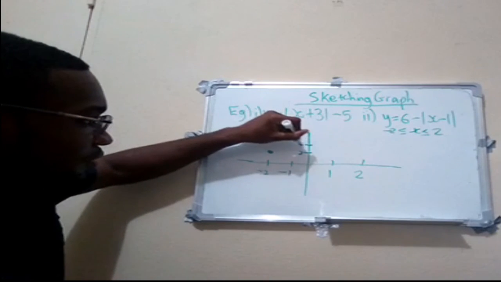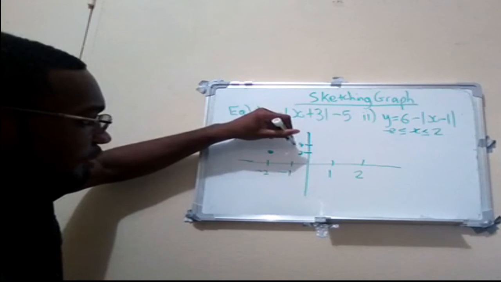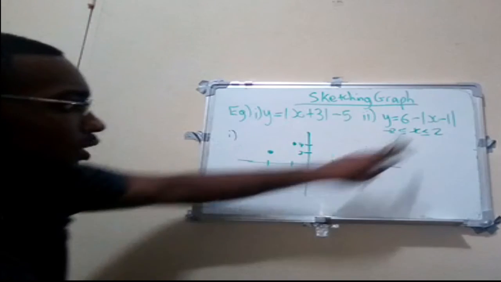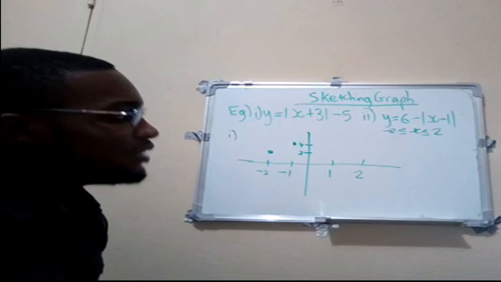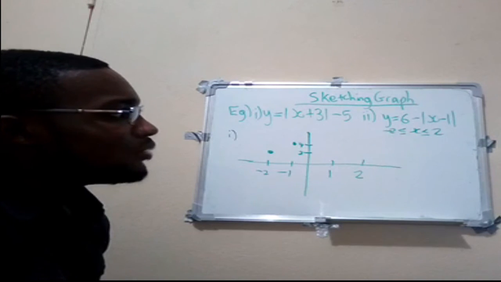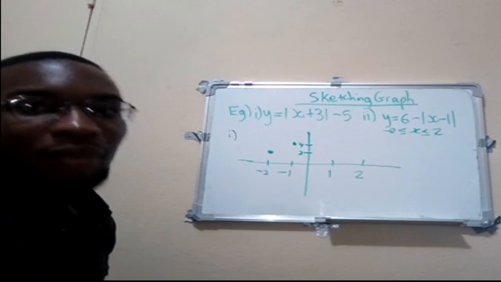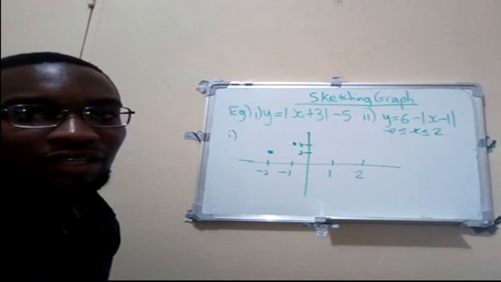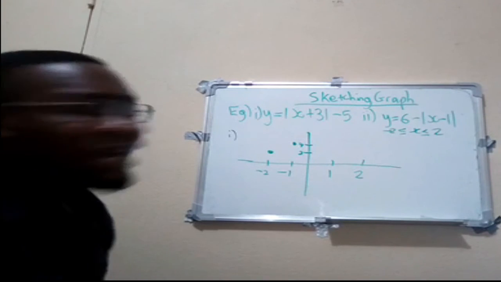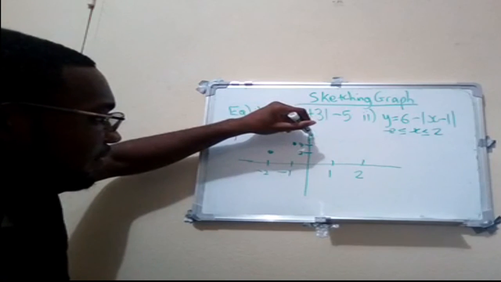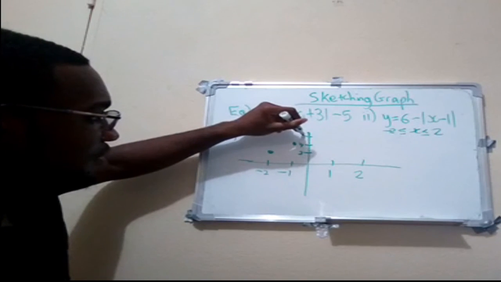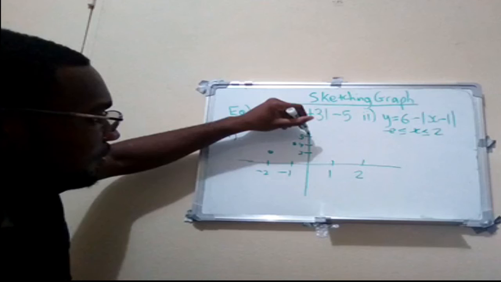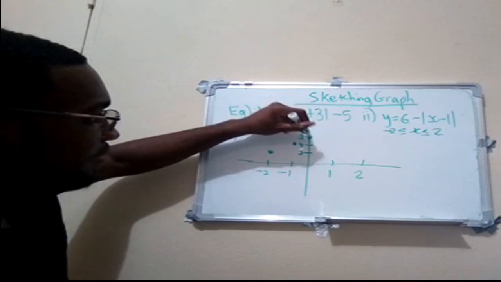When x is 0, we get 0 minus 1, which is -1. The modulus of -1 is 1, and then 6 minus 1 is 5. So 0 goes with this point, 5, right here.